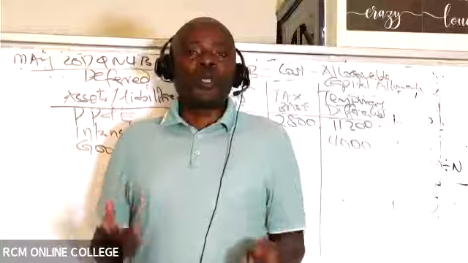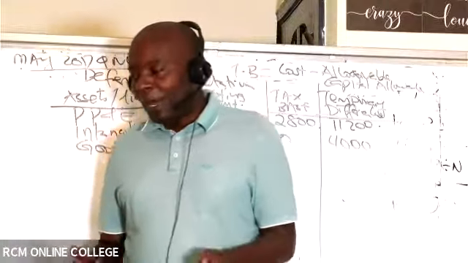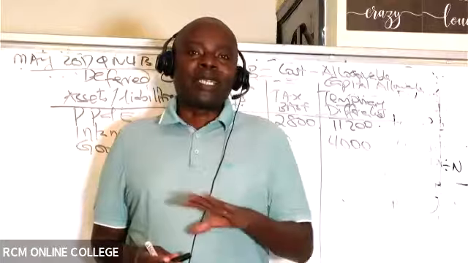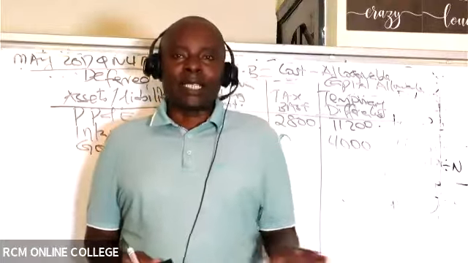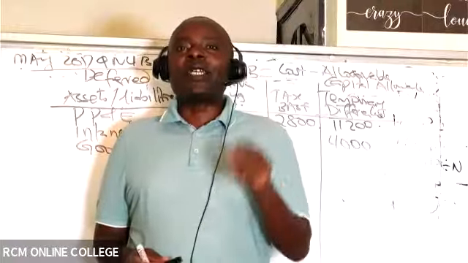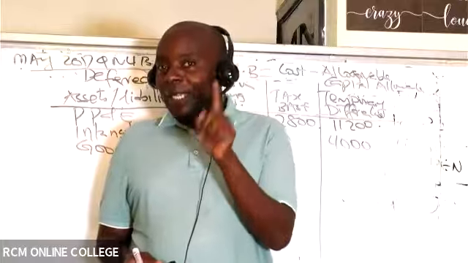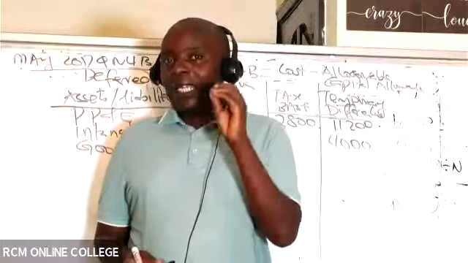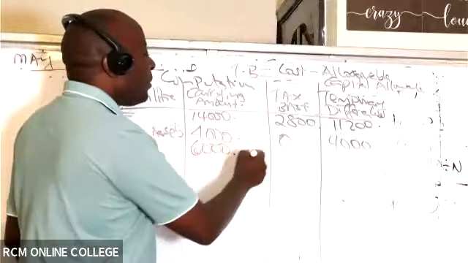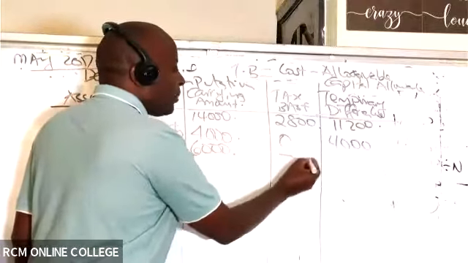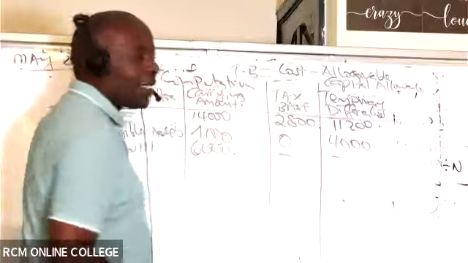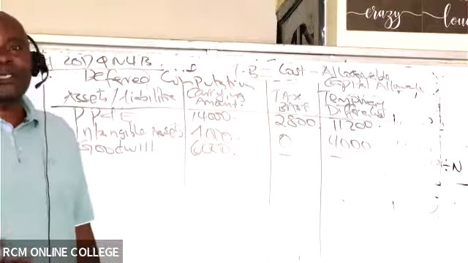And that is why goodwill is normally tax exempt. Anything that is tax exempt doesn't have a tax base. So in this case, tax base is 0, and the temporary difference will be a dash. Actually not even 0, a dash.